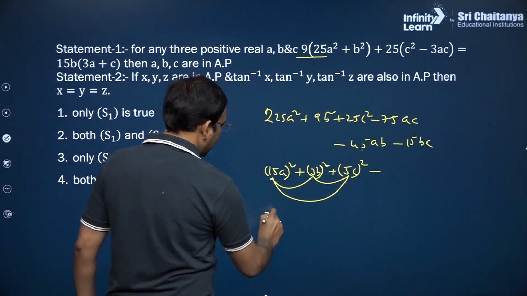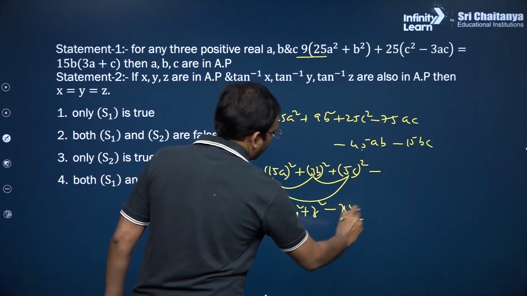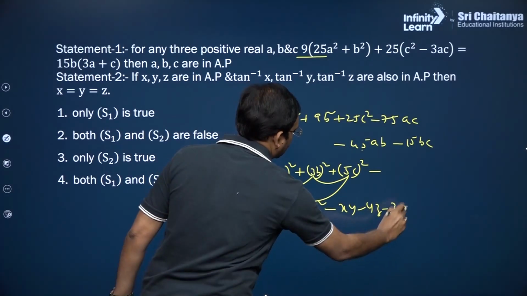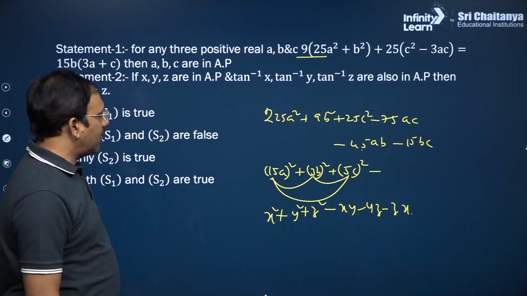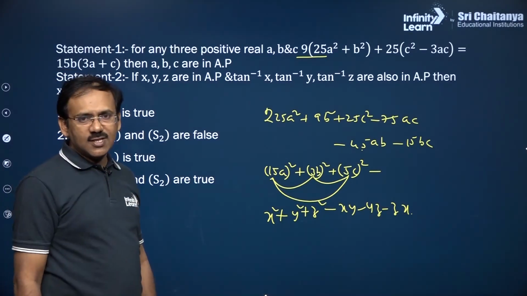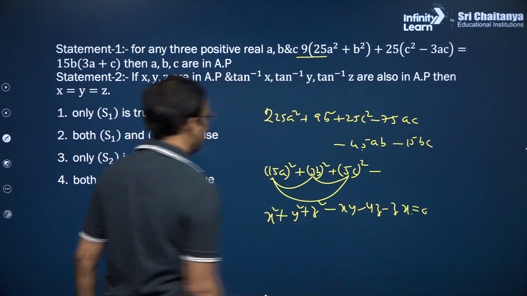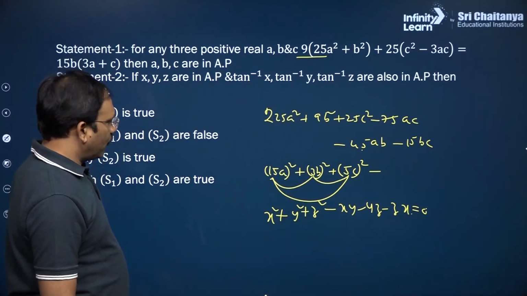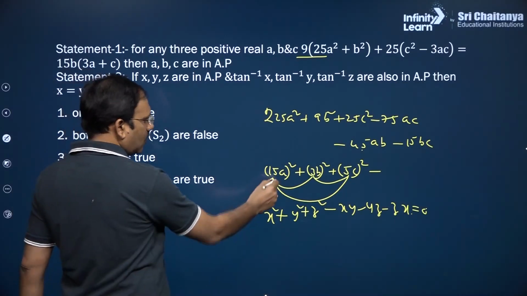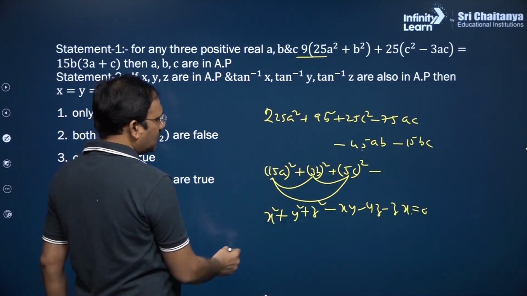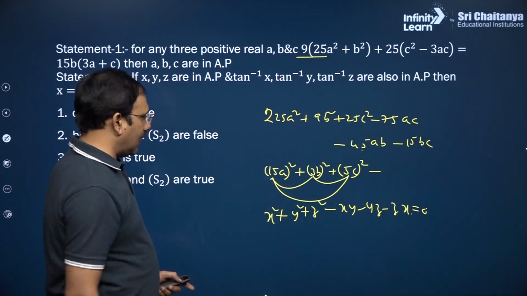It is like x square plus y square plus z square minus xy minus yz minus zx, right. This is 0 possible only when, you see my dear friends, x is equal to y is equal to z, you know.